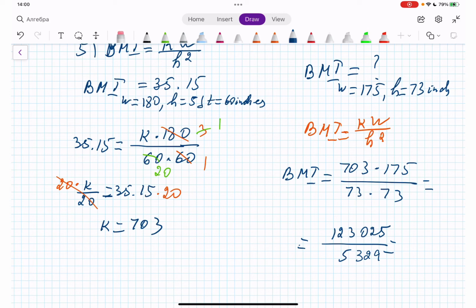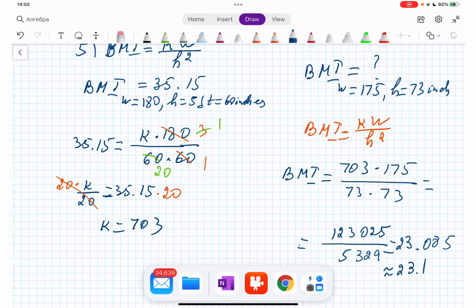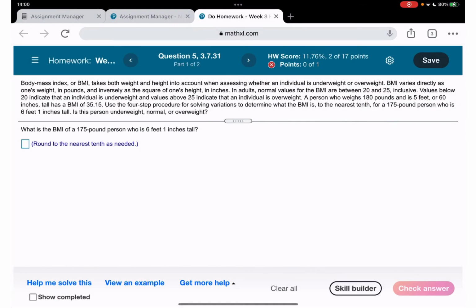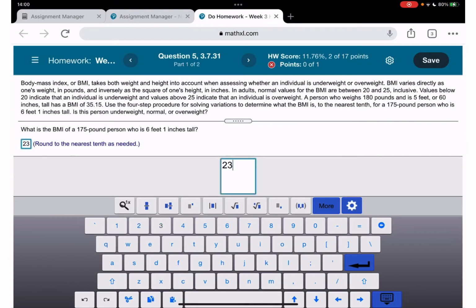And we are getting 23, because it's asking for rounding to the first decimal, so 23.085. It's going to be approximately 23.1. All right, let's write down 23.1.